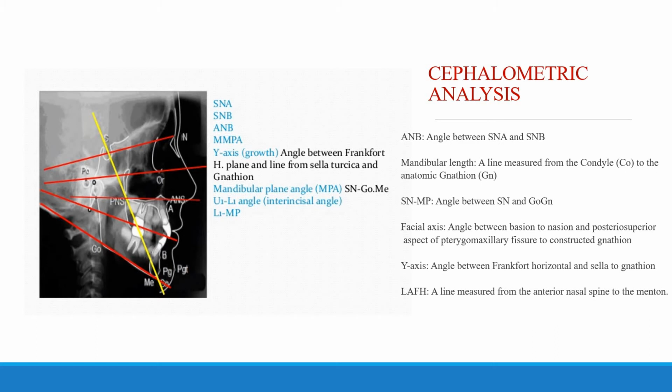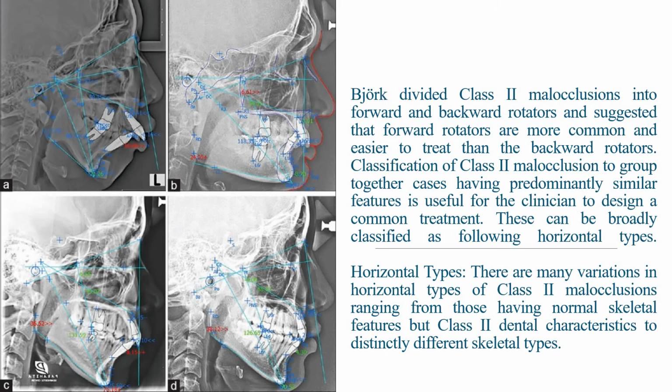In order to plan an appropriate treatment, the clinician should localize and quantify any skeletal and dental contribution, sagittal and vertical variation, and the role of abnormal function and habits to the development of class 2 malocclusion. There are many different types of class 2 patients with significant variations in skeletal, dental, and soft tissue morphology.